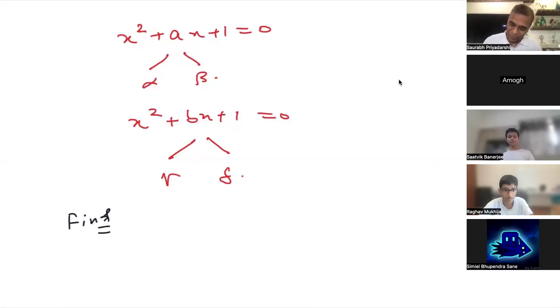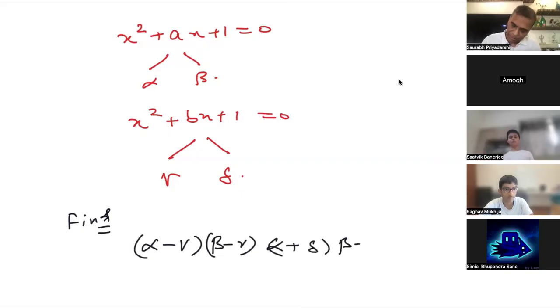Find the value of alpha minus gamma, beta minus gamma, alpha plus delta, and beta plus delta. Straightforward but beautiful question. Take your time, 4 minutes you have.